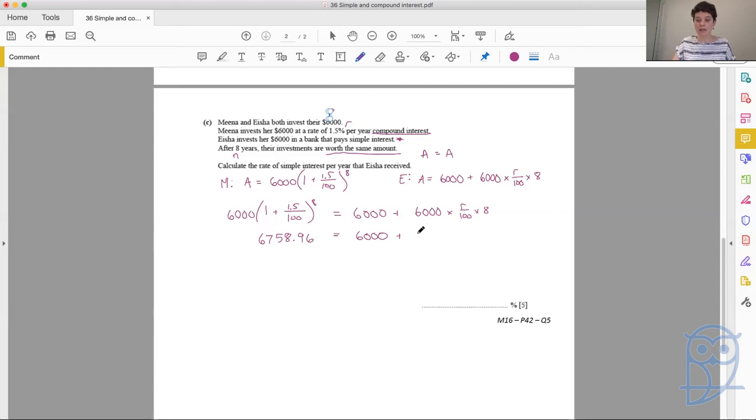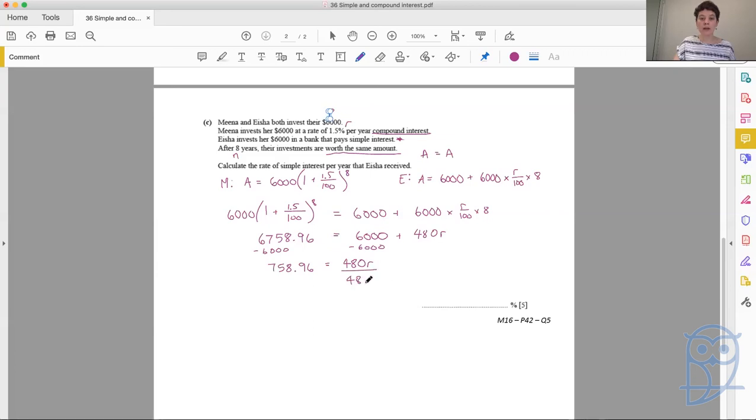So that would give us 480 R. Now we've got a much more normal looking equation. So we can move our 6,000 over. So we'll take it off this side, which means we have to take it off this side as well. So 758.96 is going to equal 480 R.